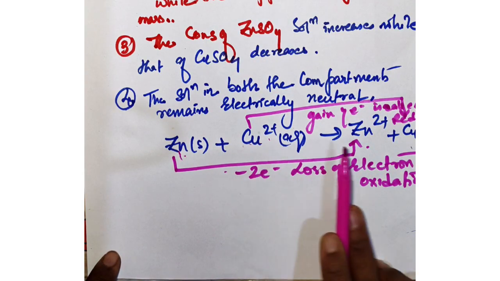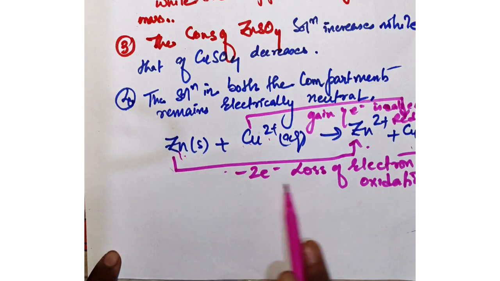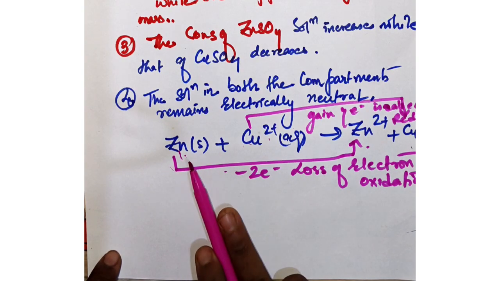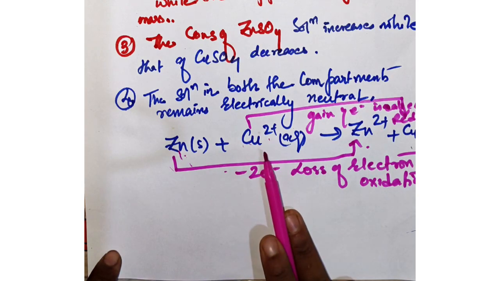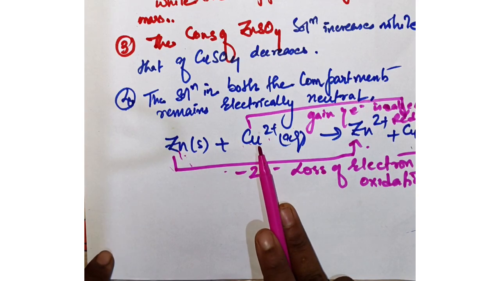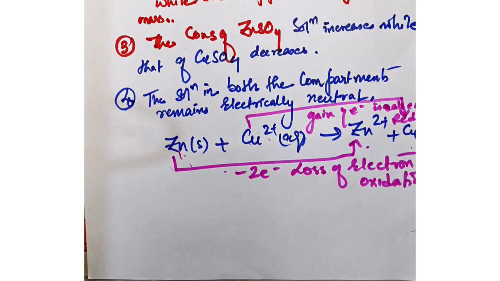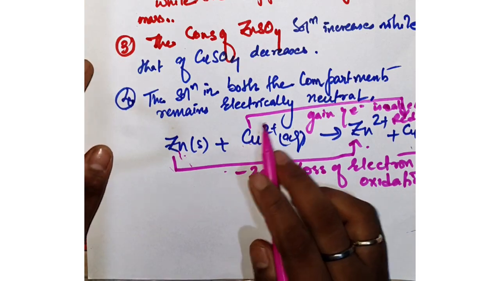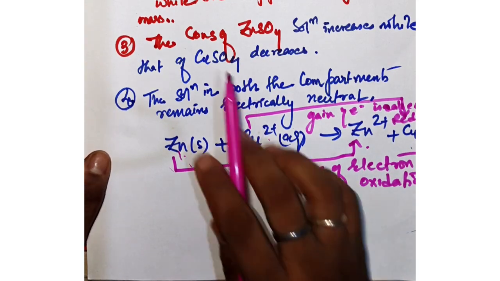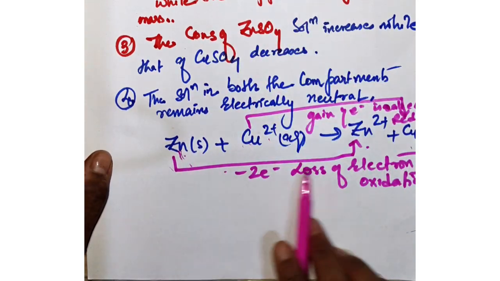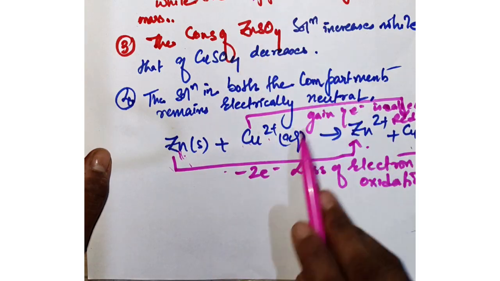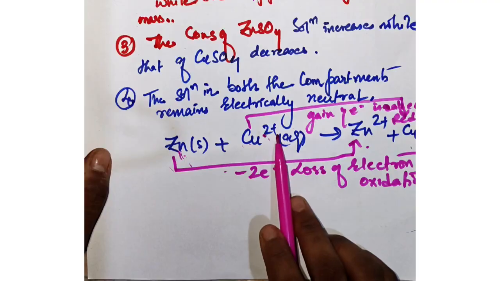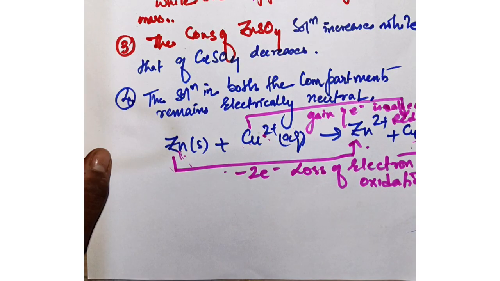Zinc loses electrons and becomes a positive cation, whereas the Cu2+ goes and gets deposited. So the zinc rod loses its mass, since it loses electrons, while the copper rod gains mass. Copper is actually getting deposited on the other side.